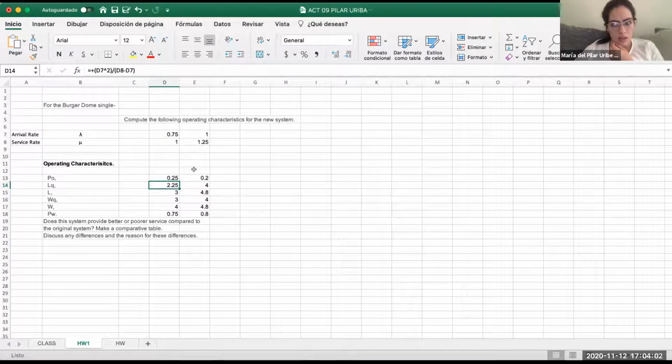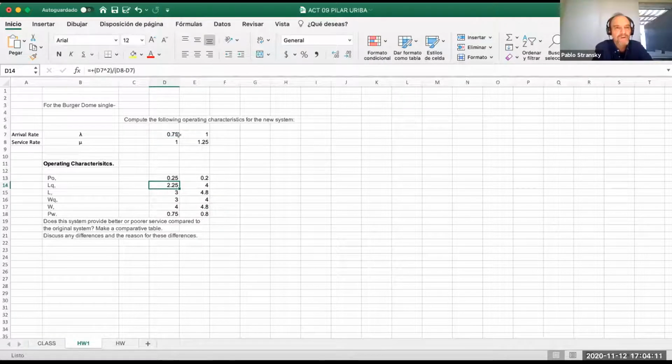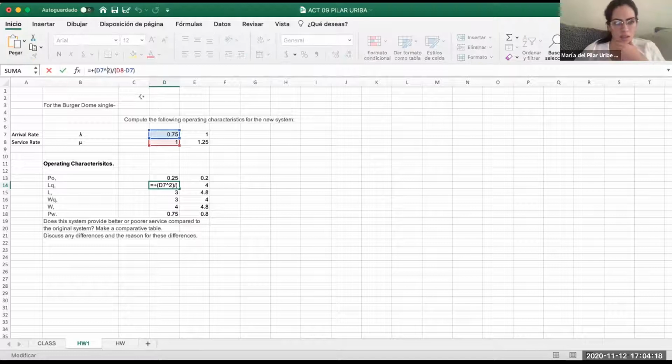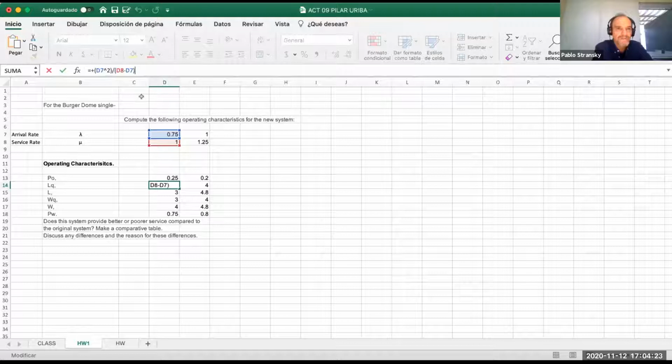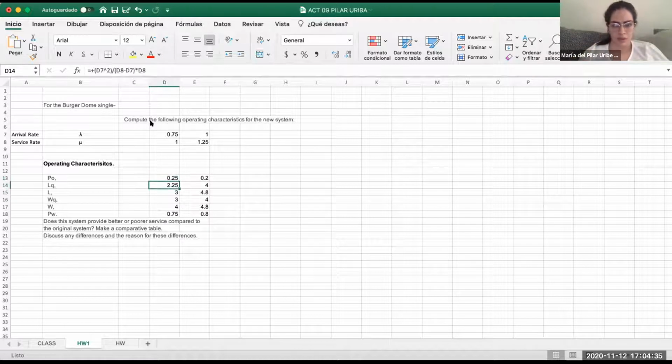Okay, go to your formula on the top. Go up to where you have the formula, where you have equals parentheses D7 squared. There, at the end, you have to put D8. Hit enter, and see if that is enough. Yes. Is that okay, Guillermo? Did you get the same?